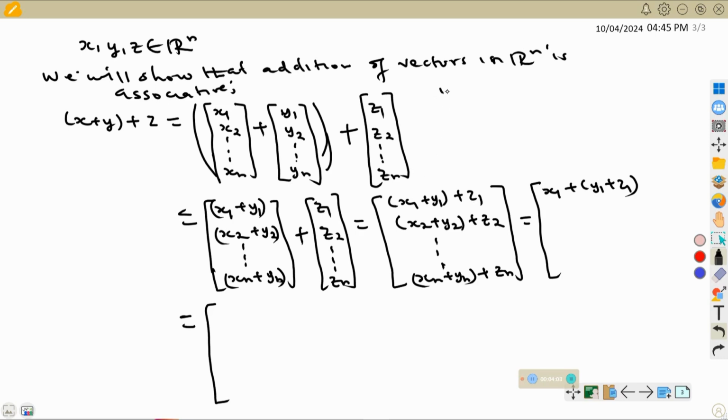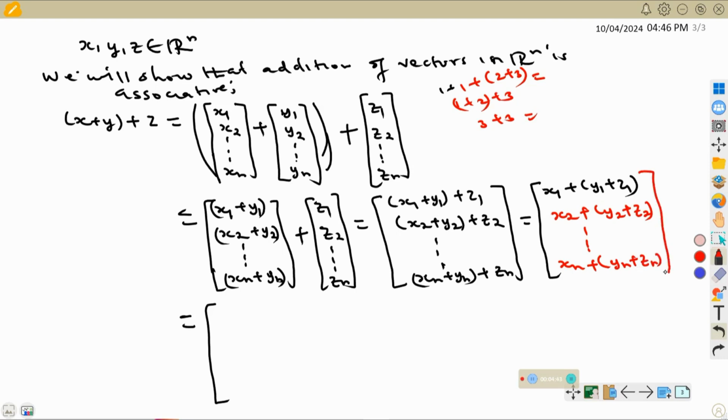If I'm having 1 plus 2 plus 3, I add 1 plus 2 to get 3, plus 3. It is also the same as getting 1 plus 2 plus 3. So the answer will be the same. Similarly, we are doing the same here. So we are saying this is the same as having x2 plus, you can write this as y2 plus z2. Then the trend will continue up to xn plus yn plus zn. That is what we shall have.